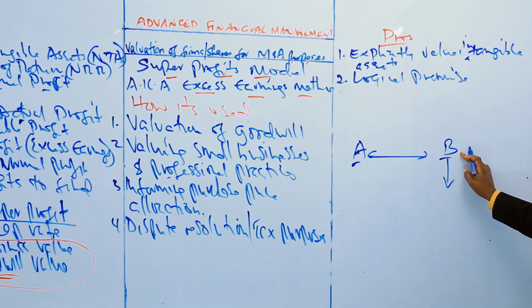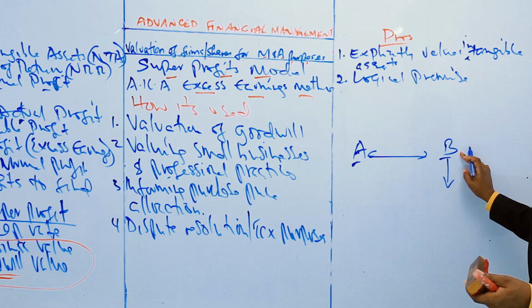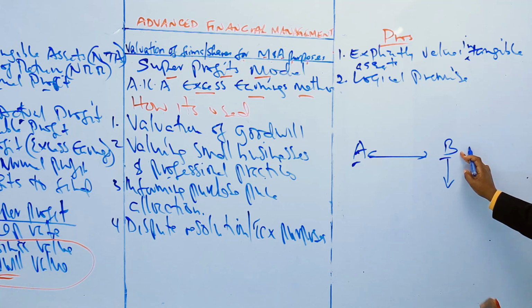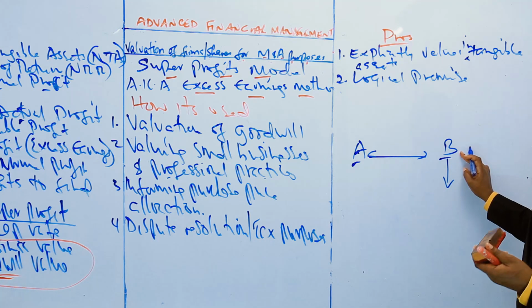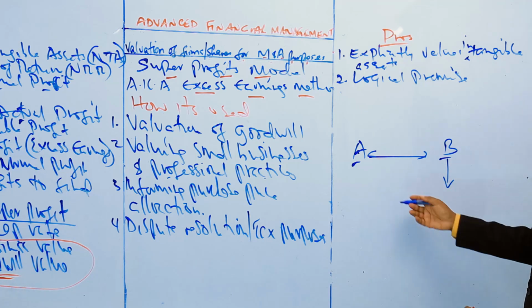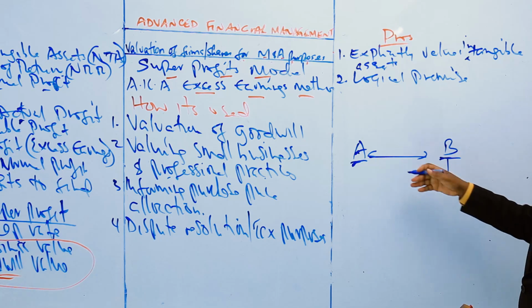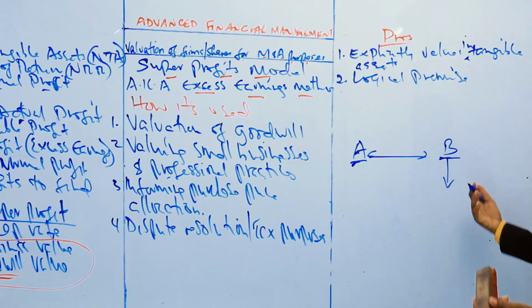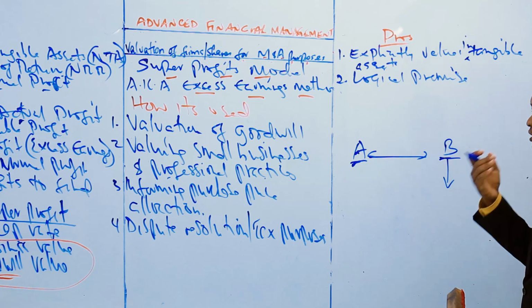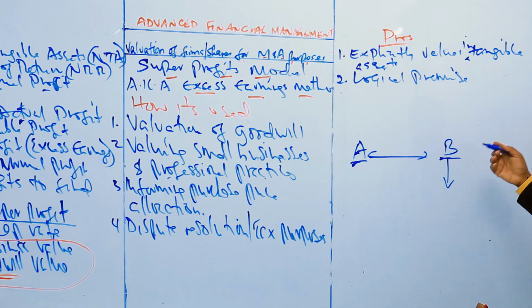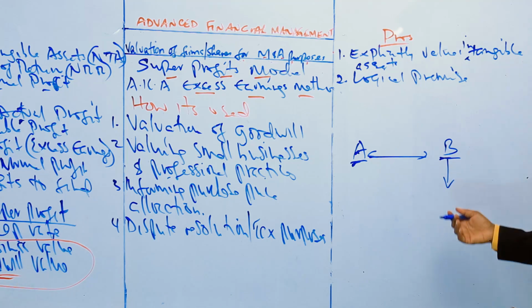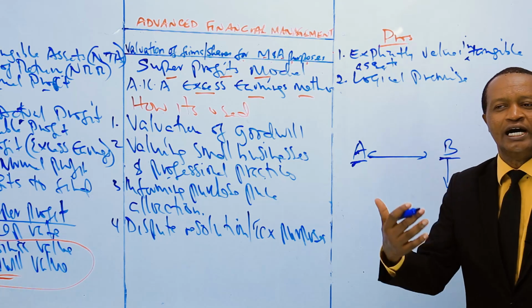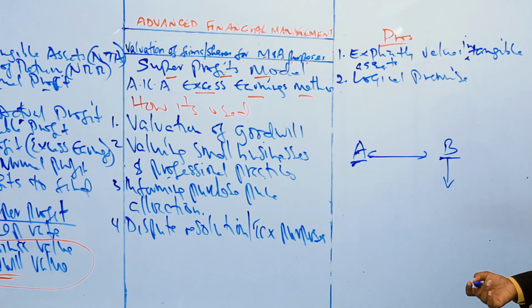It could be skilled management, it could be brand image, it could be anything that is intangible, because these companies are similar, they have the same tangible assets, but somehow company B generates more earnings. The earnings that company B generates in excess could be attributed to some intangible assets, and that is an advantage.